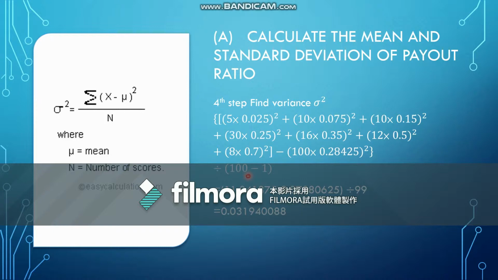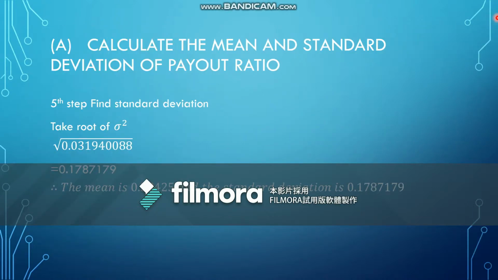That means 100 minus 1. And we can find the variance, and it is 0.031940088. After that, we can find the standard deviation. We should take the square root of the variance, and we can find that the answer is 0.1787179. And now we have the mean and the standard deviation.